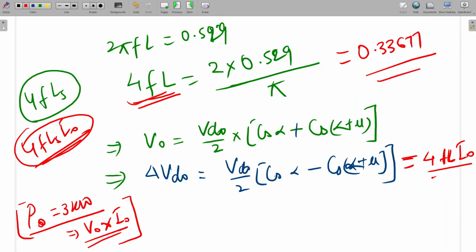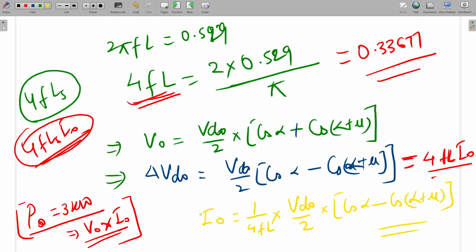So what will be the P naught from here? I naught we can derive from here. So I naught will be 1 by 4FL into (Vd0 by 2) into (cos alpha minus cos(alpha plus mu)). Is it clear from this equation?